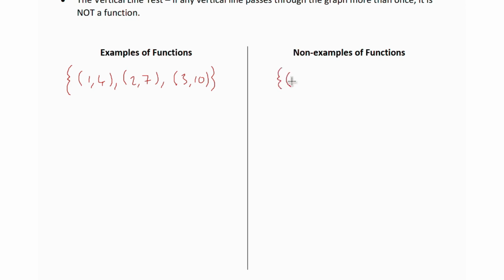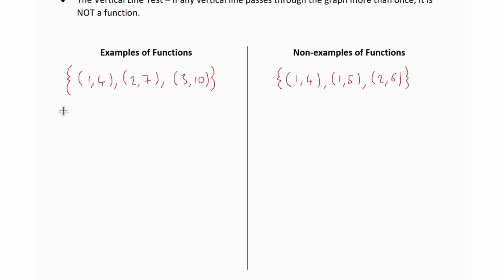A non-example would be something like (1, 4), (1, 5), (2, 6). Now this is not a function. It is a relation, it's a set of ordered pairs, but it's not a function because 1 maps to multiple different y values. The 1 in the domain appears multiple times.